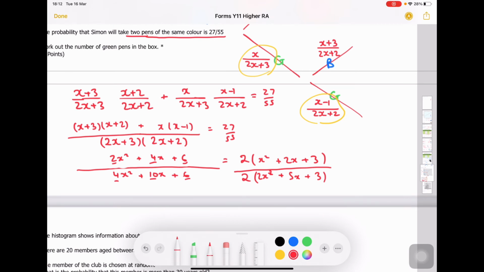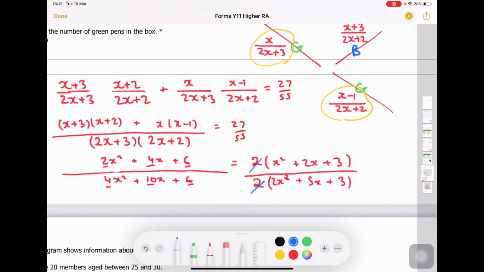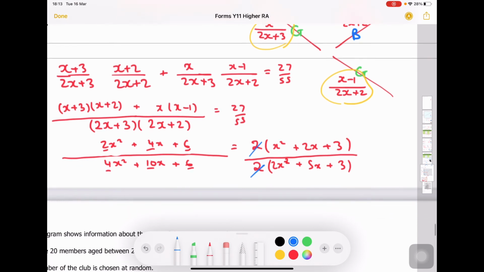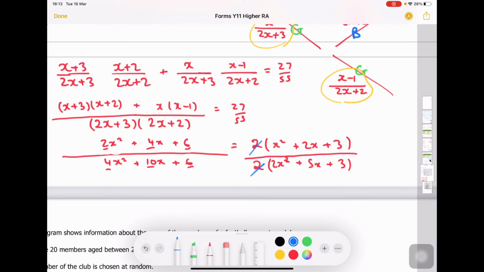So the 2's will cancel with one another. So we have x squared plus 2x plus 3 divided by x squared plus 5x plus 3, and that is equal to 27 over 55.